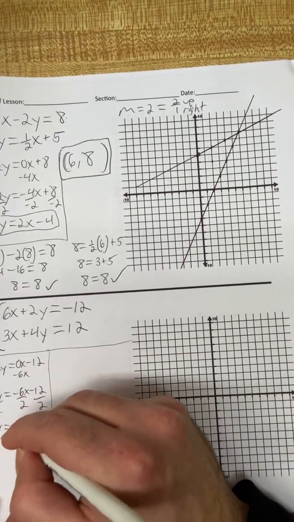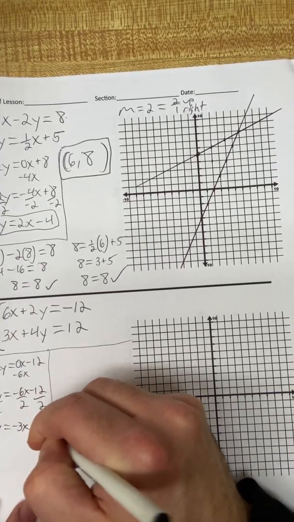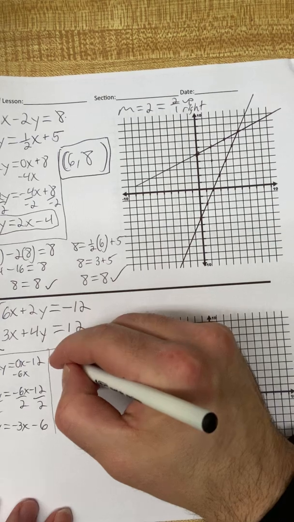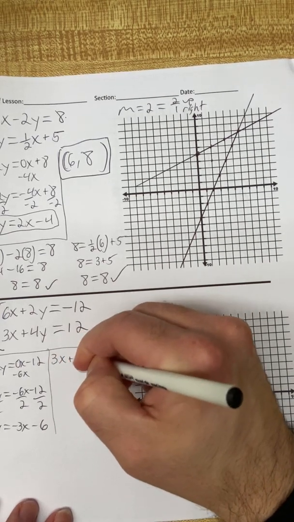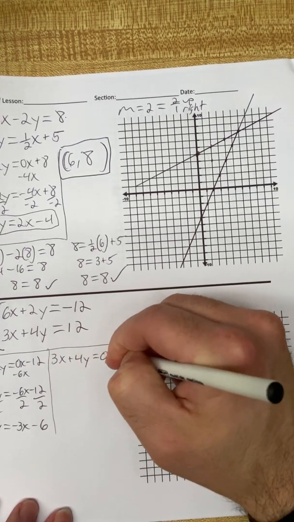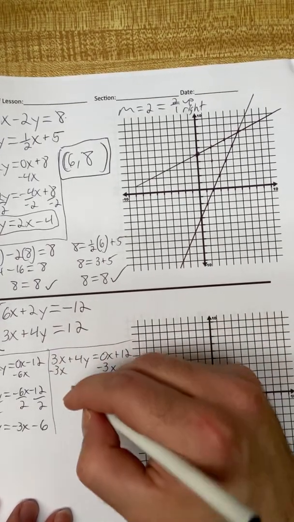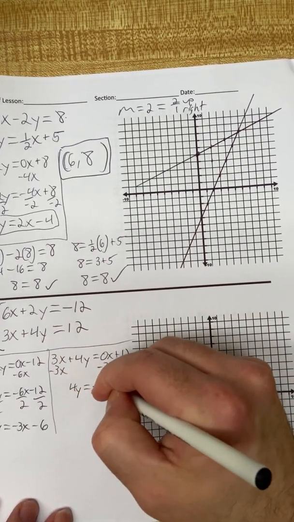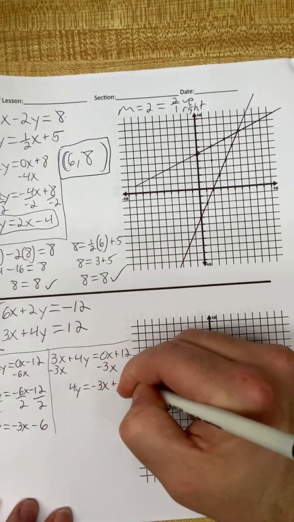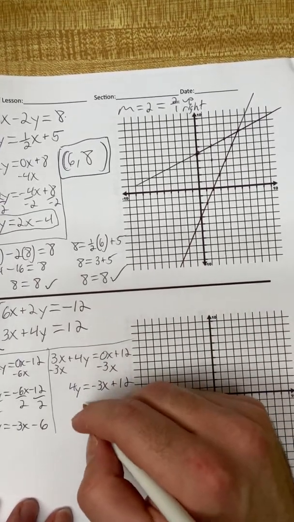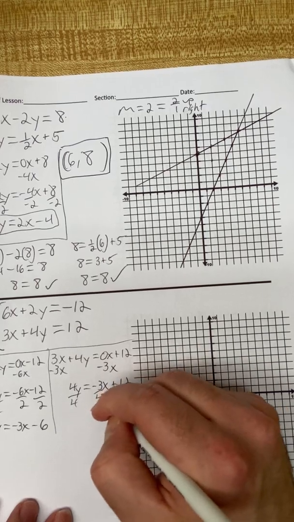So we'll get y equals negative 3x minus 6. For my second equation, 3x plus 4y equals 12, I'm going to subtract 3x from both sides. So I get 4y equals negative 3x plus 12. Divide everything by 4.